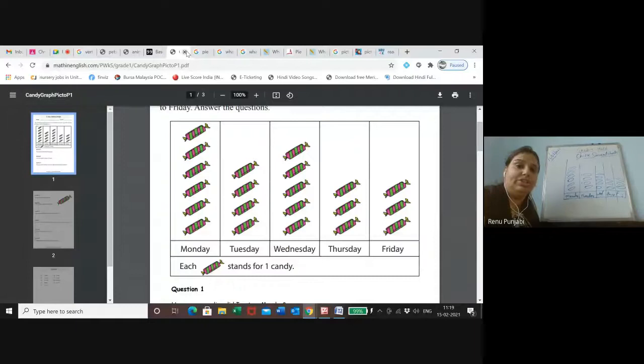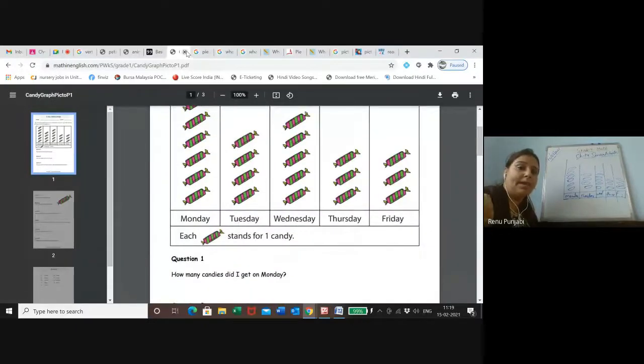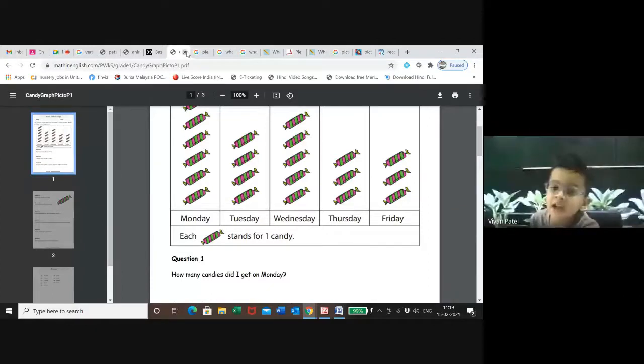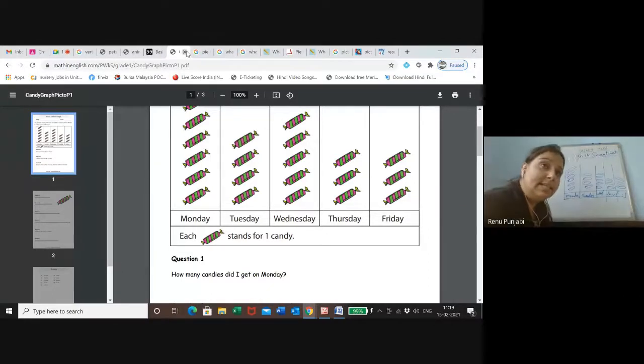Now the question comes, how many candies did I get on Monday? First of all, please write the answer in the chat box. Please pin on my board screen because I am solving the sum on my board. Now there are 6 candies, each is for 1.